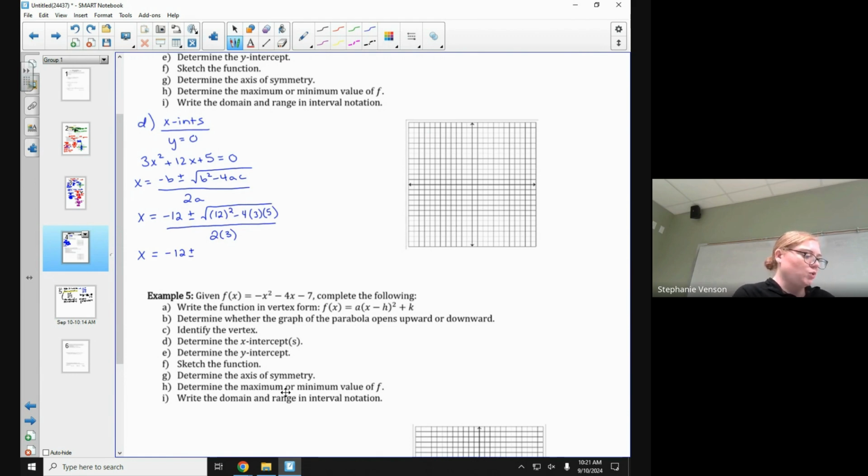I'm just typing 12 squared minus 4 times 3 times 5 to simplify that. And you get the square root of 84. And that's over 6.